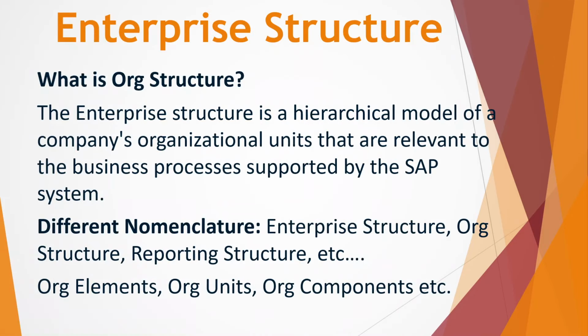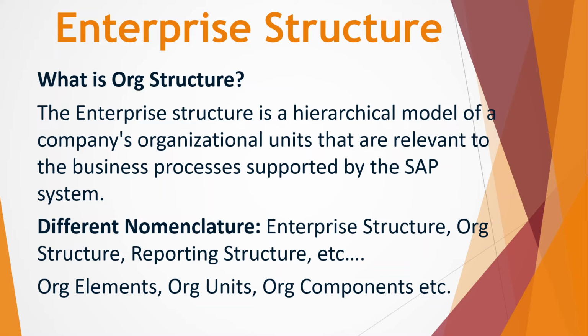So what is the org structure or the enterprise structure? Enterprise structure is a hierarchical model. Hierarchical means it has different levels, or the relationship is also 1:1, 1:n kind of thing, and obviously it has different levels as well.